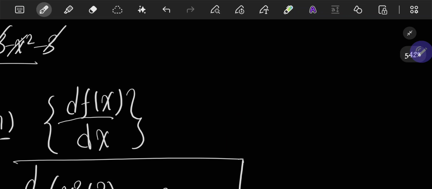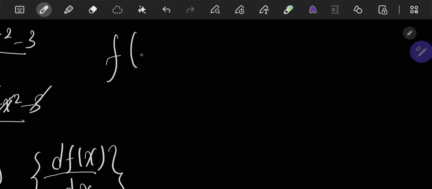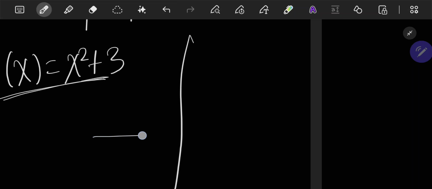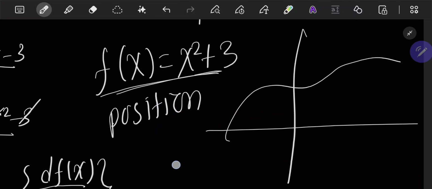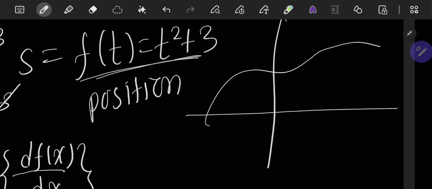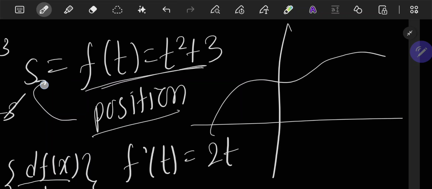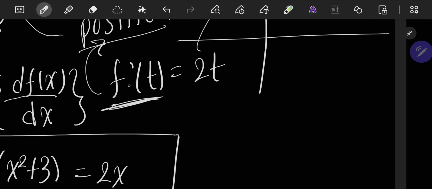And by using everything that we've learned, we can deduce that if f of x equals x squared plus 3 was a function that corresponded to position, let's say with respect to time, and we found that f dash of t is 2t, then since it is the rate of change of position with respect to time, this is velocity.